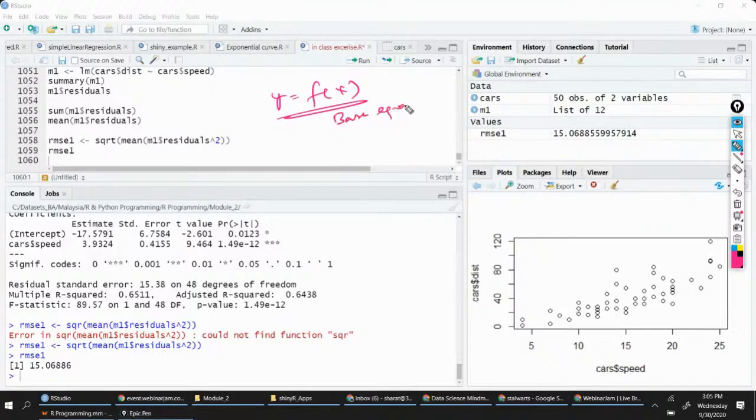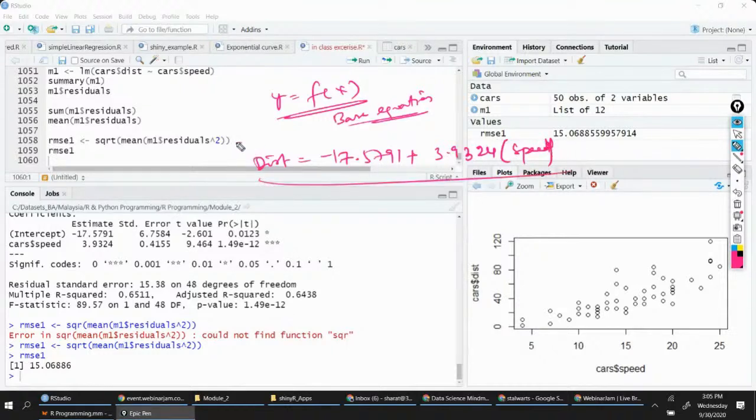We are giving a value to this equation, which basically is representing the relation between x and y. That is, your distance is equal to minus 17.5791 plus 3.9324 into your x. X is what? Speed. Right? So this is basically your equation.